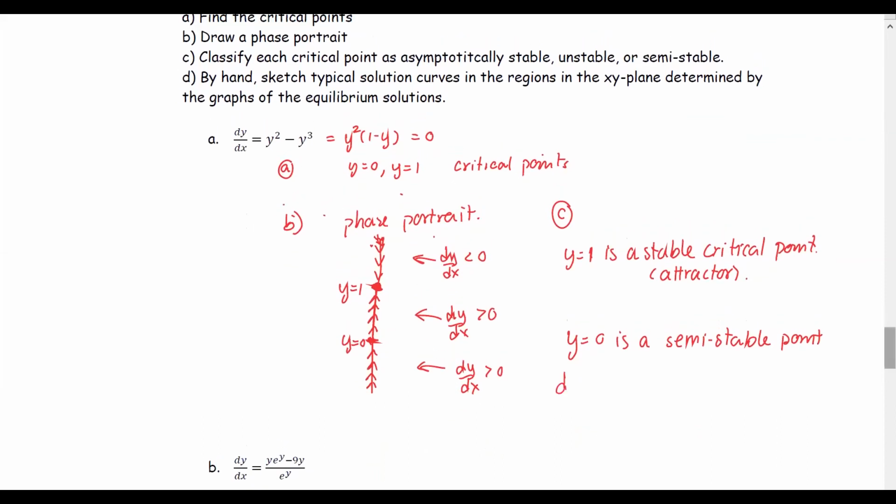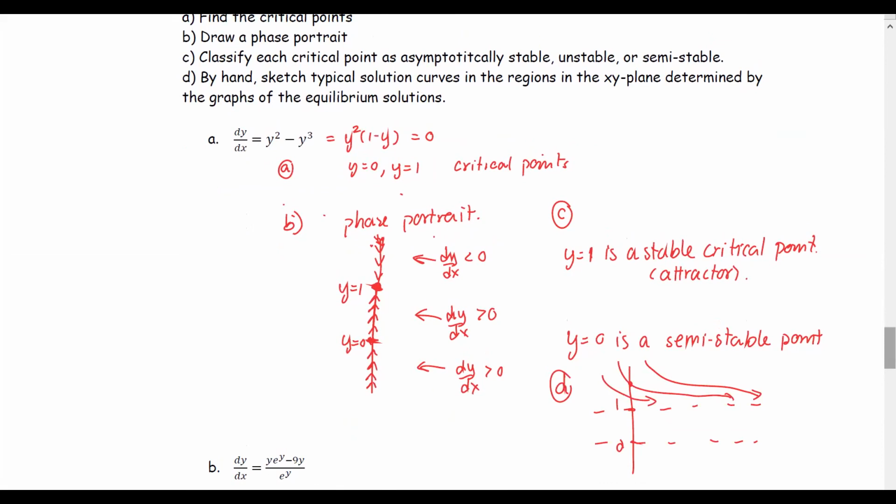And then in part D, we are going to sketch the solution curves by hand. In the region y greater than 1, the solution is decreasing, so decreasing toward the line y equals 1.